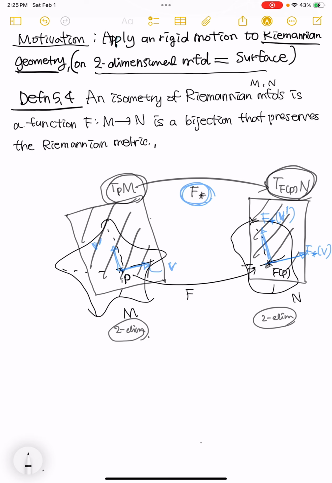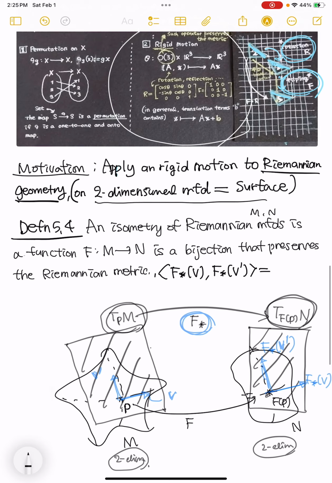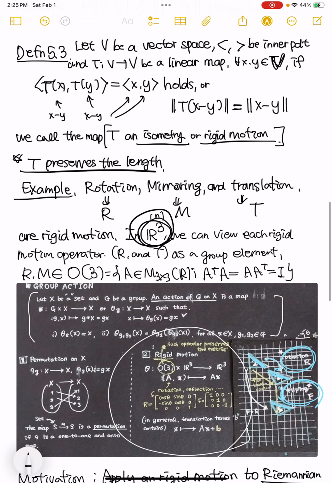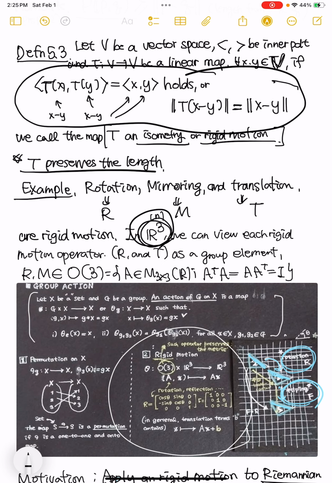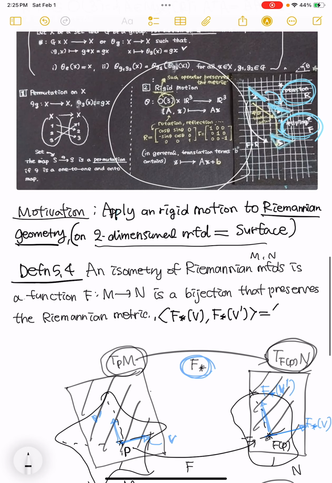So in that case, preserving the Riemannian metric means, when you compare to the definition of isometry, prime, or equivalently like this.